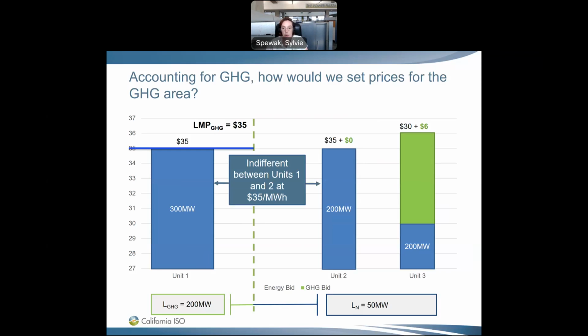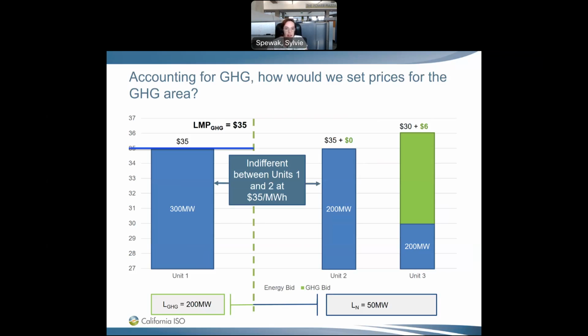This is the price signal that Unit 1 responds to. It's the marginal cost of meeting the next increment of load in the GHG area, and it's the price that load in the GHG area will pay for power.